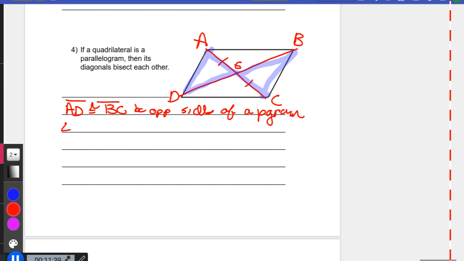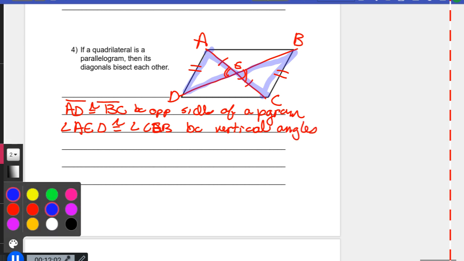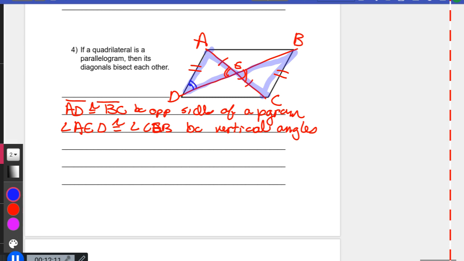And then I have angle AED in the middle. It's congruent to angle CEB because they're vertical. And I said we were going to have one more thing, depending on which way you look at it, I'll do these two angles here.